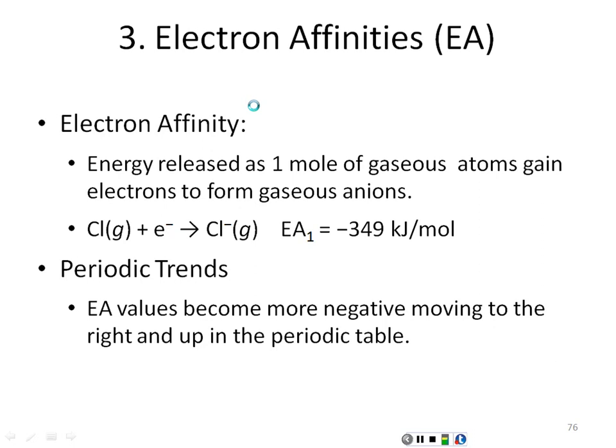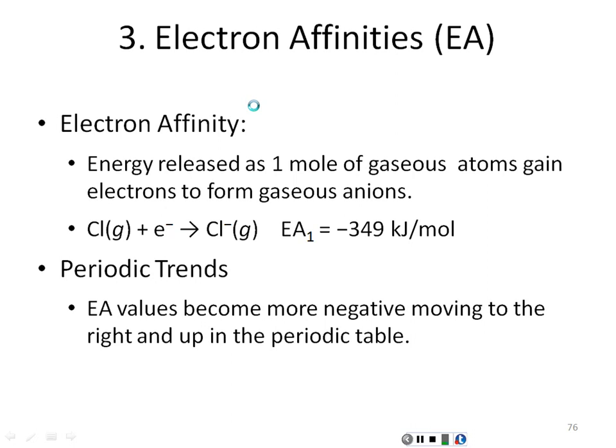Our third trend we're going to look at is electron affinity. The definition of electron affinity is sort of the opposite of ionization energy. Electron affinity is defined as the energy released as 1 mole of gaseous atoms gain electrons to form gaseous anions.